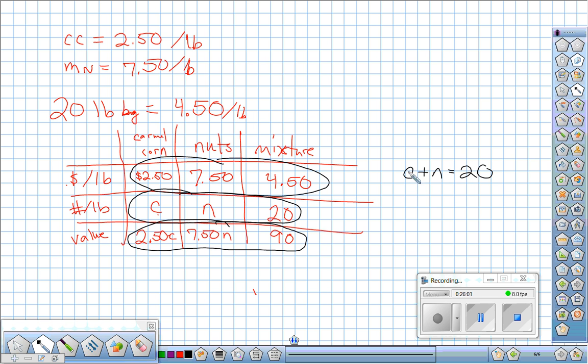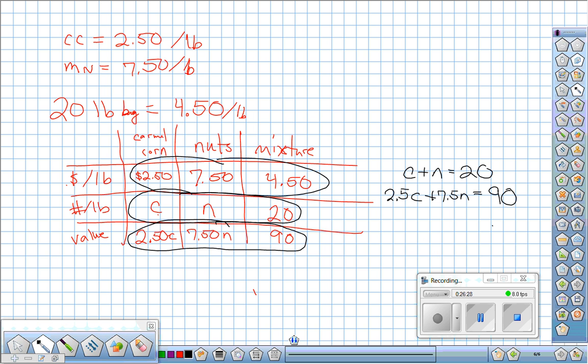This says the amount of caramel corn and the amount of nuts I bought was 20 pounds. The amount that I paid for the caramel corn, so 2.50C plus 7.50N is equal to $90. I know that I now spent $90, and then I'm going to solve this with substitution, elimination, whatever you actually want to use.